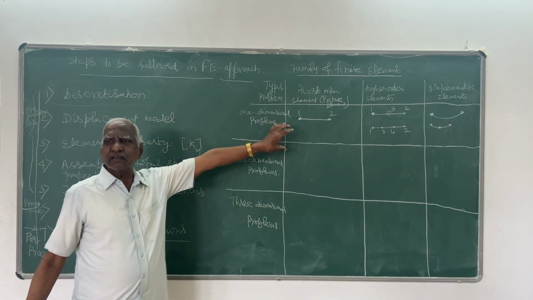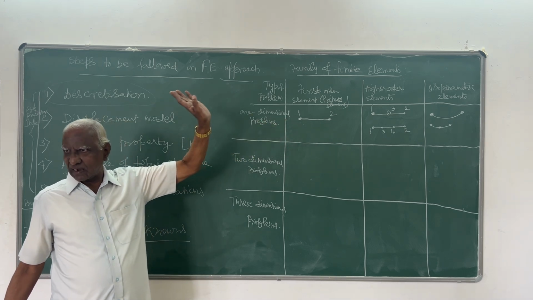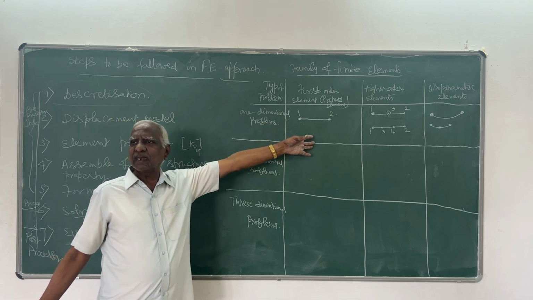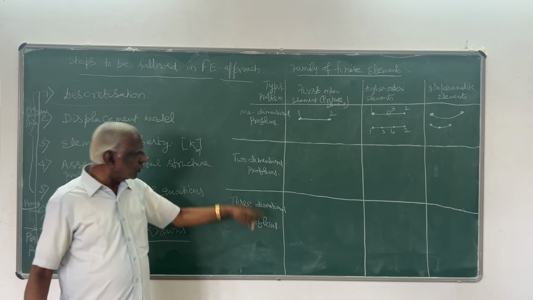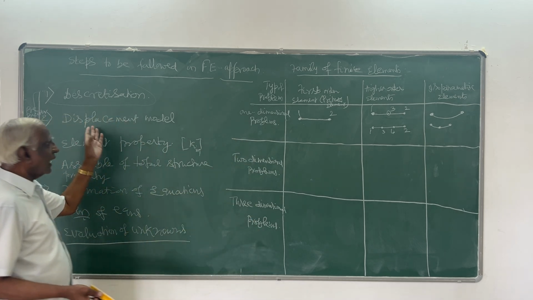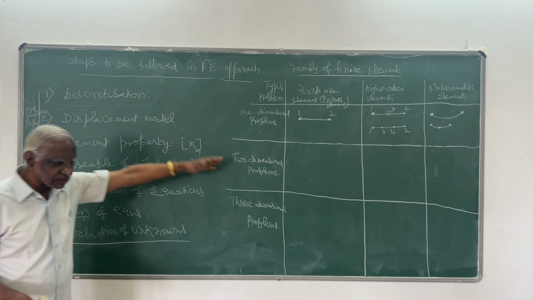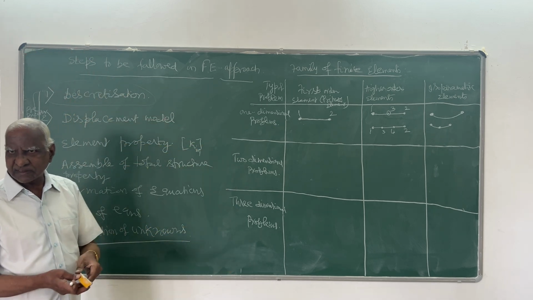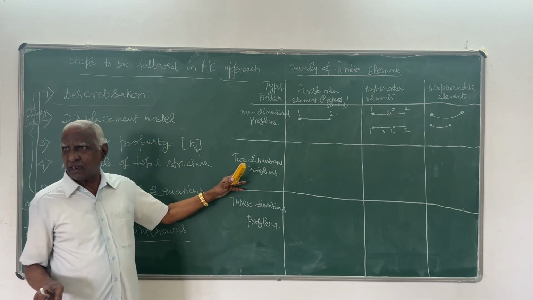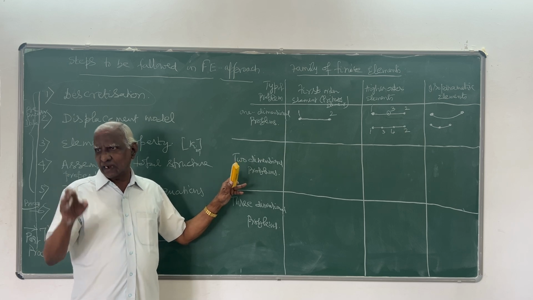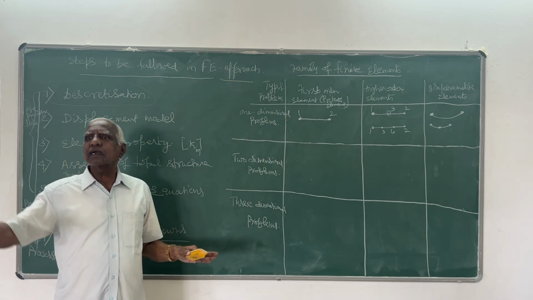This is the major thing we have in your syllabus. Only the one-dimensional stress analysis, only the element property pertaining to this you have to take care. So in two-dimensional problems, since I am defining the family of finite elements totally, for other problems also I will sketch it. So the area element, simple area, this is mainly made out of area elements. Here it is line elements, maybe straight or curved.